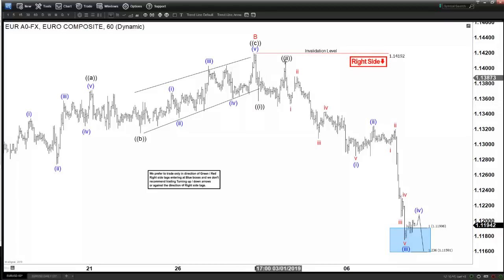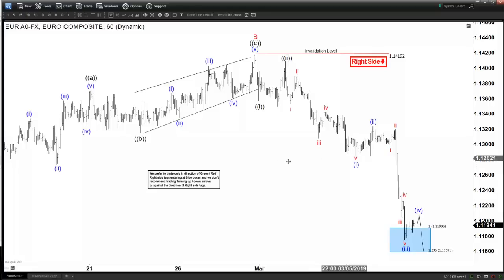So we have this 1, 2, and then the subsequent sell-off is also subdivided into another 5 waves, and therefore this is a wave 3 of 3 in the black, and we should continue to see the downside to end 5 waves, 1, 2, and then 3, 4, 5 to the downside.